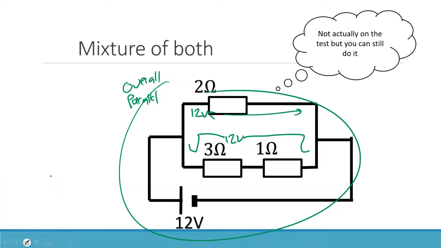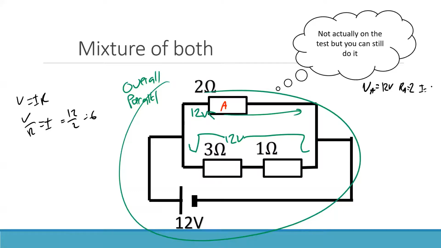So if I was to call this resistor A, then it would be pretty easy to work out that V of A is going to be 12 volts. We know that R of A is going to be 2 ohms. And we know that I of A, V equals IR, so V divided by R equals I, therefore 12 divided by 2 is 6.